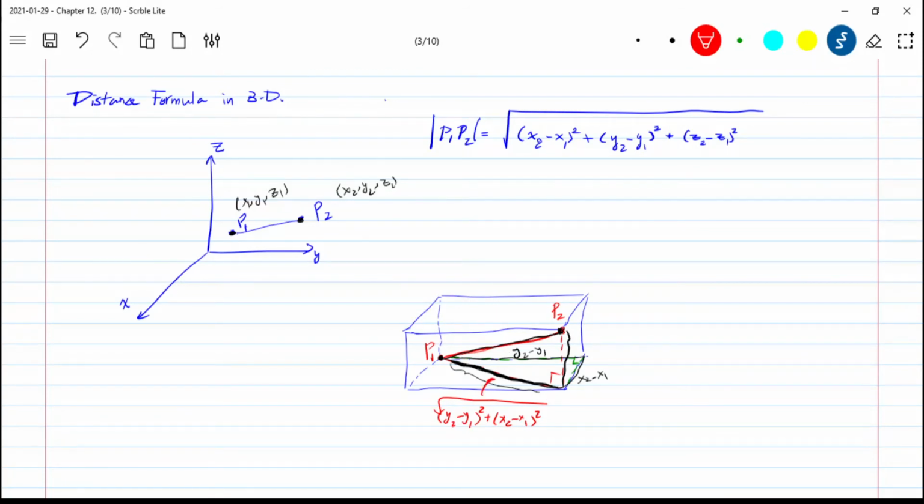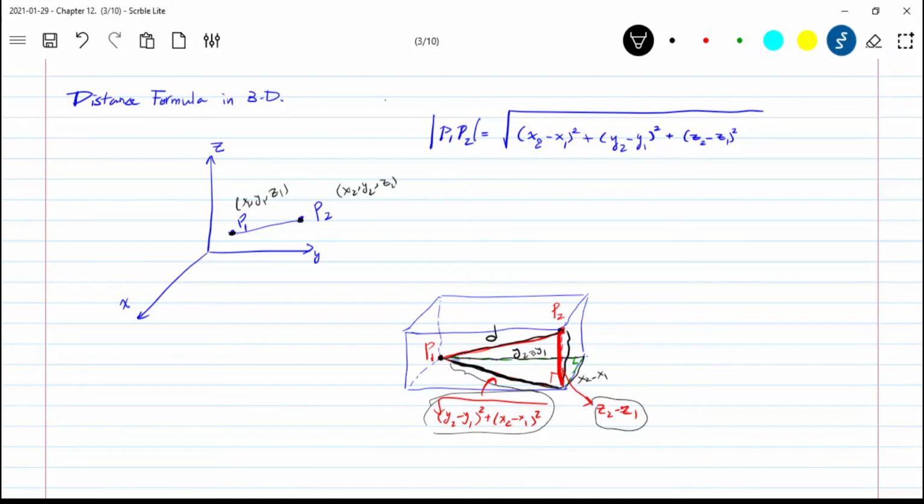That would be this distance. And then this height would be exactly the same as the difference in the z's, z2 minus z1. So the distance across the two corners of the box would be this length squared plus this length squared, and take the square root.